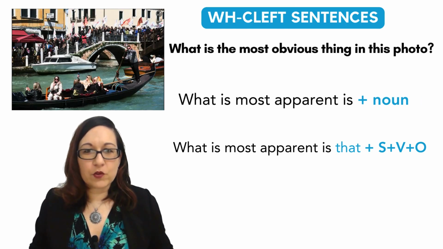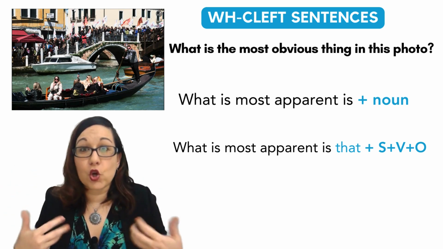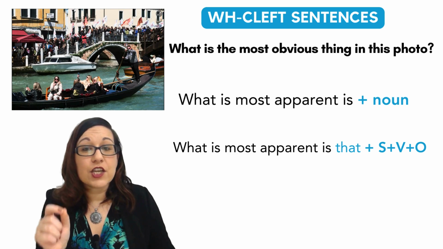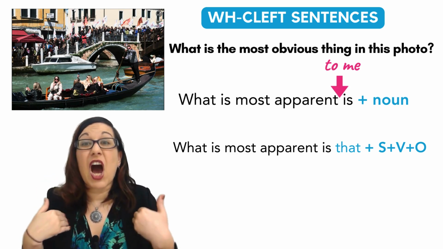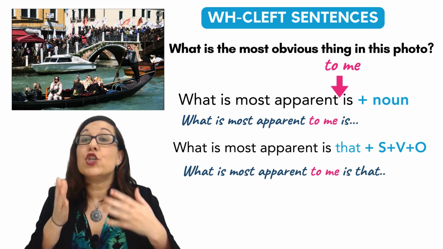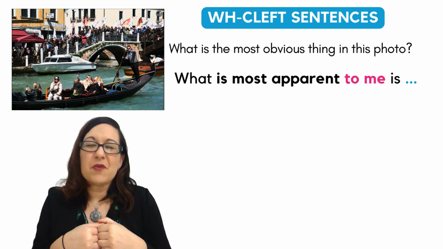Now, let's be honest, we might have all looked at different things and those different things caught our eye first. So, I'm going to add to me to make it really clear that this is what I noticed first. So what is most apparent to me is. But you know what?